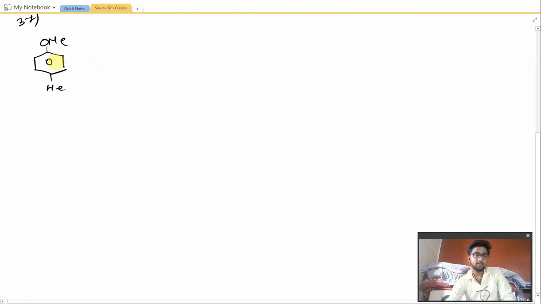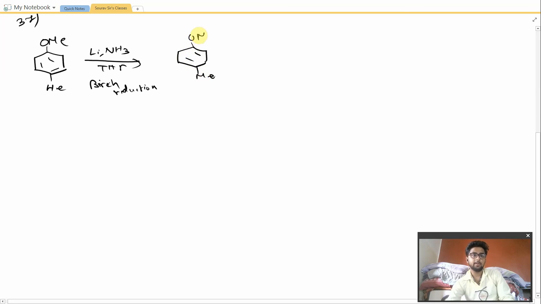In the first step we have Li, NH3 and THF, so Birch reduction is taking place over here. In the presence of the OMe, an electron donating group, this kind of intermediate is formed.